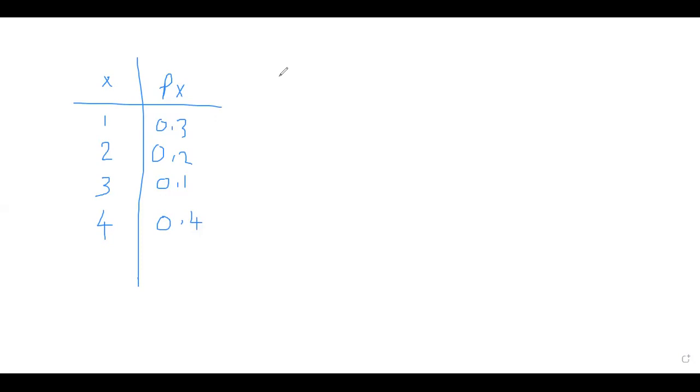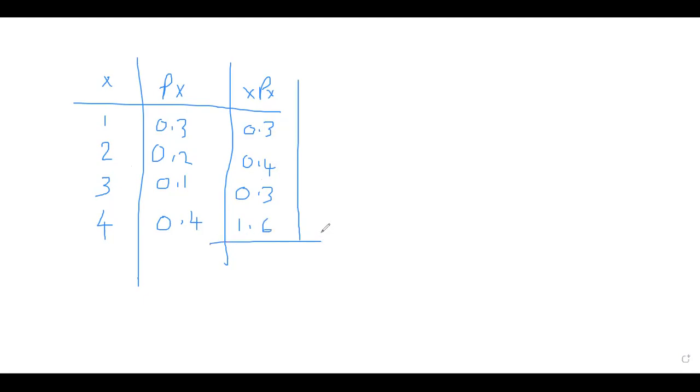So, expected value E(X) as follows. I use two methods of calculating it. Number one, you simply multiply column 1 and column 2 to get xP(x). So 1 times 0.3, we get 0.3. 2 times 0.2, we get 0.4. Here 0.3, and here we get 1.6.